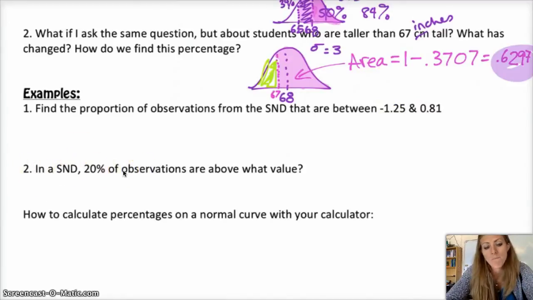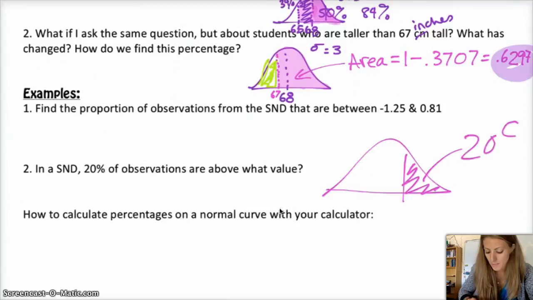It's asking, 20% of the observations are above what value? On a standard normal curve, what value has 20% of the observations above it? Go ahead, try those with table A.